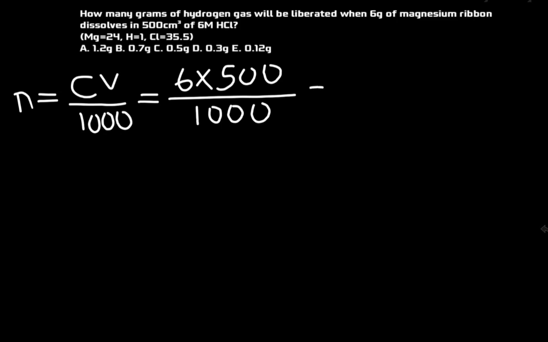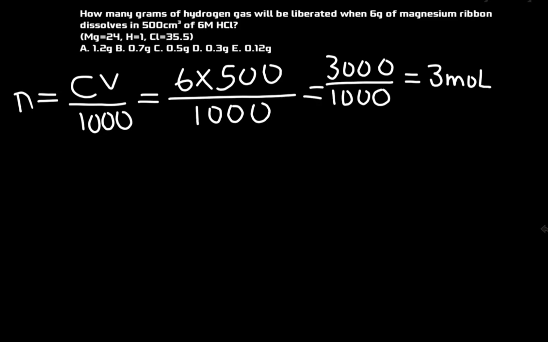If you punch your calculator, 6 times 500, we get 3000. 3000 over 1000, 3000 divided by 1000, you get 3 moles. So this is the first step.